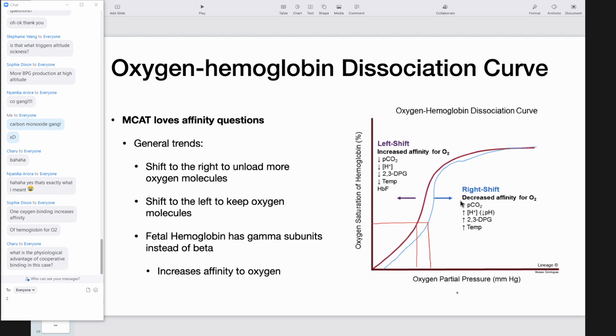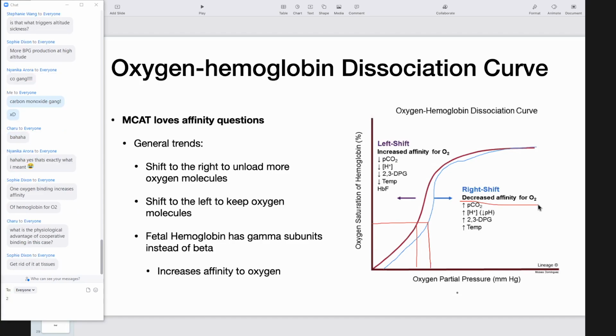So a decreased affinity for O2 just means, hey, we're going to deliver the oxygen to the tissues rather than hold on to it, rather than our hemoglobin holding on to it as it passes through the capillaries. So decreased affinity, I'm going to repeat this, decreased affinity for O2 by the hemoglobin means we want to kick it off, get rid of it at the tissue level, deliver it to the tissues.